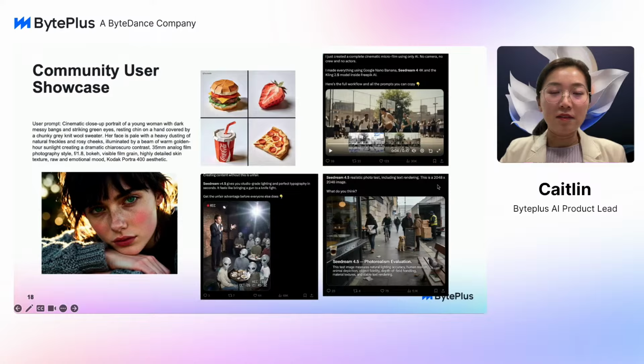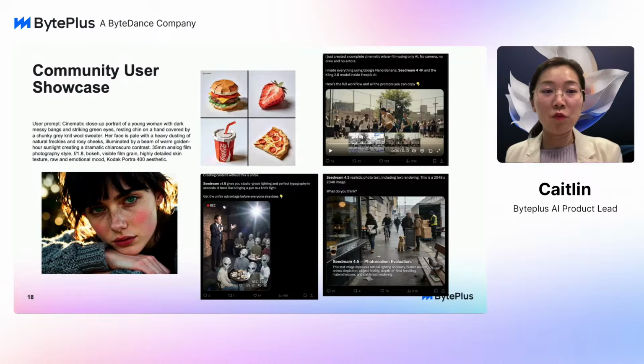Yeah. And here I also see this example that someone used an old photo and did some mock-up on the photo and asked Seedream 4.5 to transform this old photo into a reference image and cinematic views, and then eventually used it for generating a video.